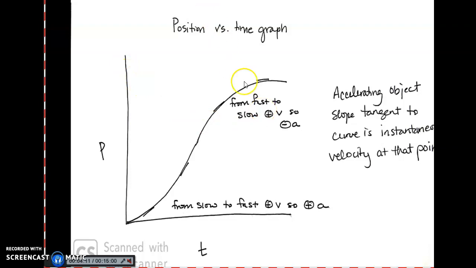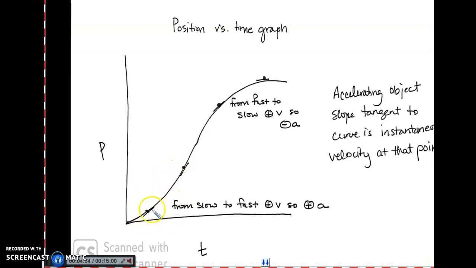We can also have position versus time graphs that show an accelerating object. So they'll be curved, and the slope tangent to a point is that instantaneous velocity. So I want to look at a couple of different slopes here. For instance, if I want to go from slow to fast.